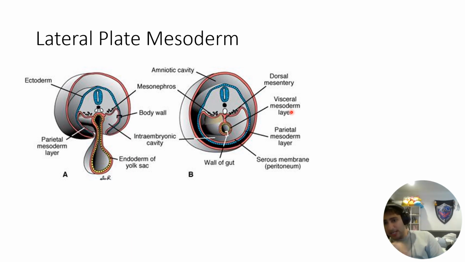So as more body cavities develop, which we'll talk about in a different lecture, you're going to form the lining of the peritoneal, pleural, and pericardial cavities and secrete serous fluid. That's what the parietal mesoderm is going to do. Now, the mesoderm of the visceral layer is going to form a very small layer around each organ. Remember, the visceral mesoderm is what surrounds the organs. The parietal mesoderm surrounds the cavities.